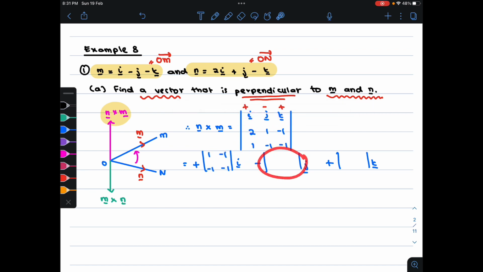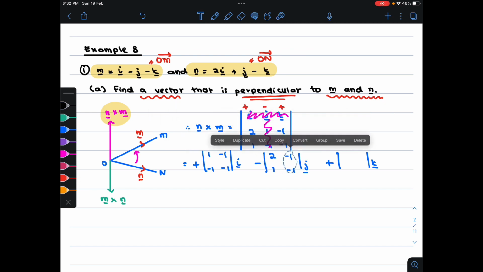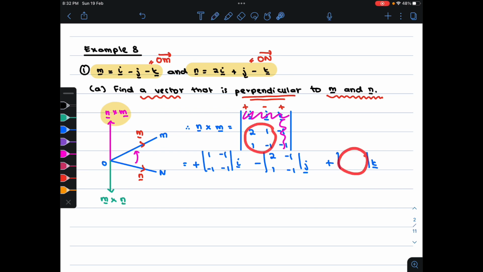For j, we're going to close the first row and the second column, so we're going to copy everything here inside here. And lastly, for k, we're going to close first row, third column. So we're going to copy down everything here inside here.